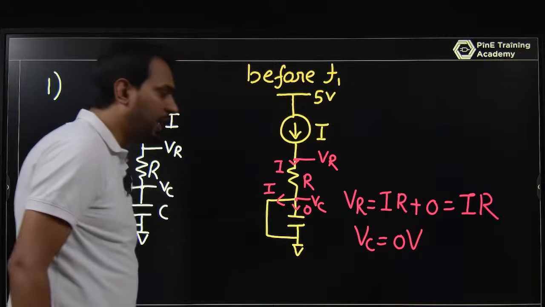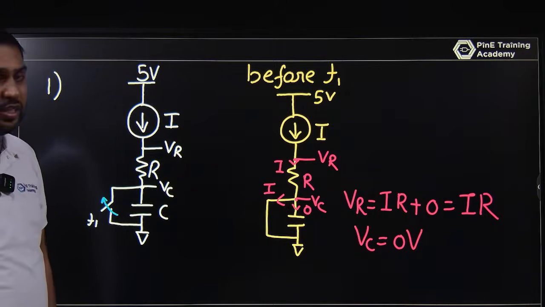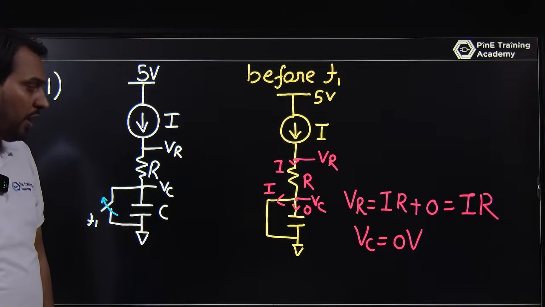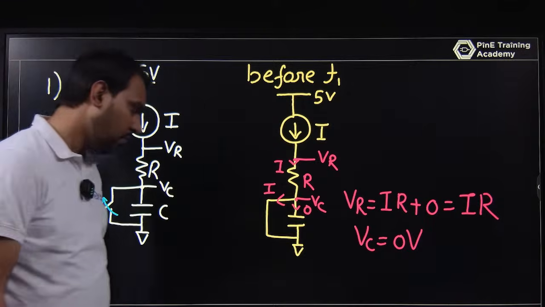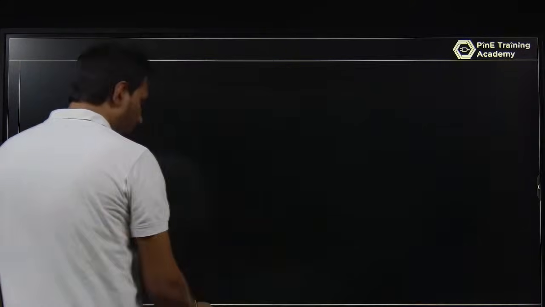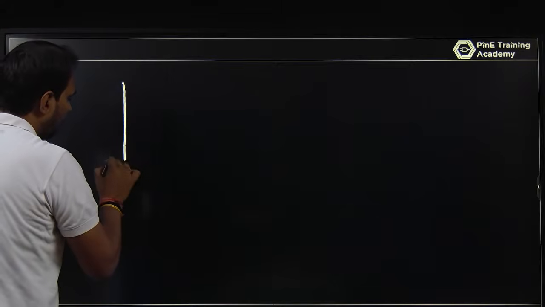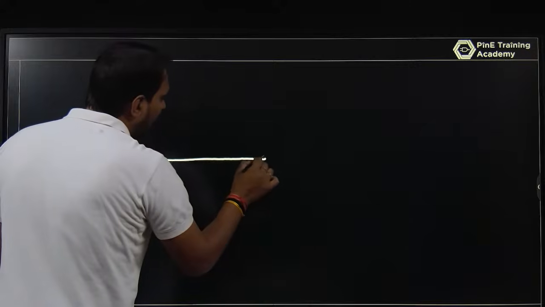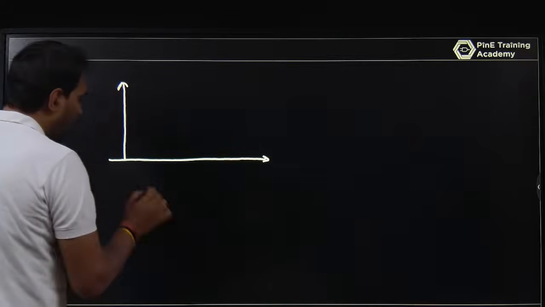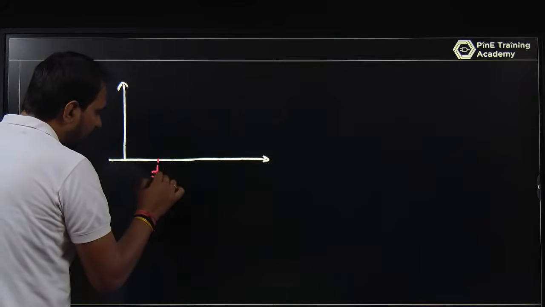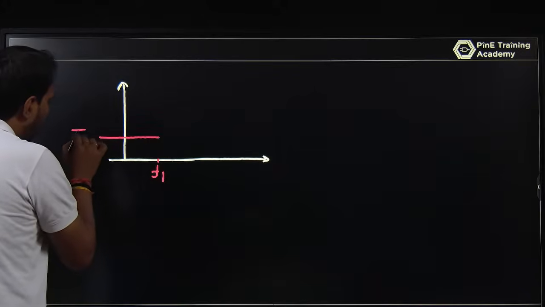The voltage across the capacitor before T1 is 0, and VR is equal to I into R. If you are interested in the waveform, I can represent it this way. Let this time be T1. Before T1 the voltage is I into R.